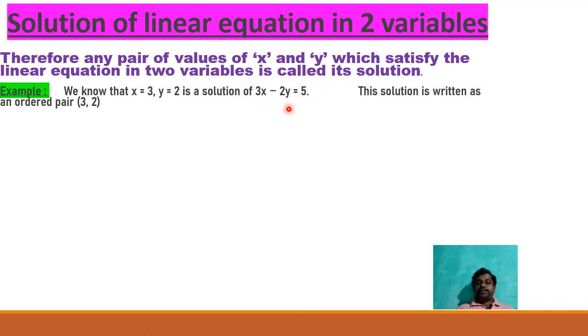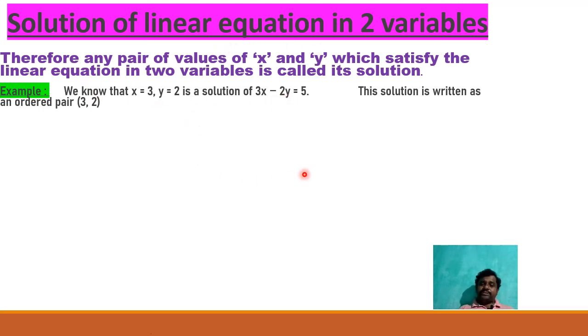Here both LHS and RHS are equal, so x = 3 and y = 2 is a solution of 3x − 2y = 5. This solution is written as an ordered pair (3, 2).